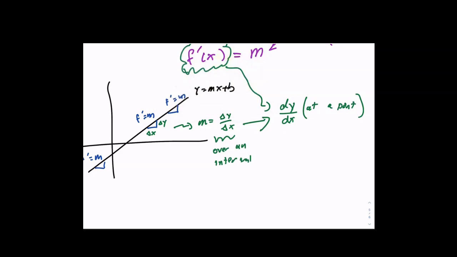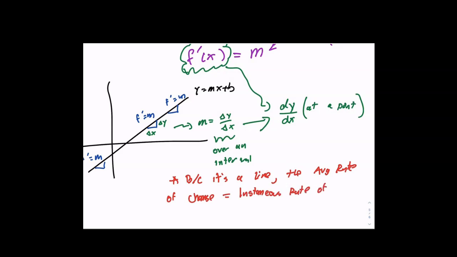However, because it's a line, the average rate of change equals the instantaneous rate of change everywhere.